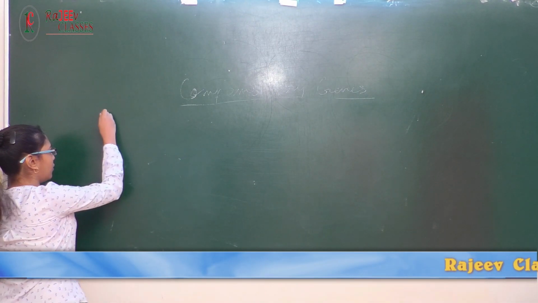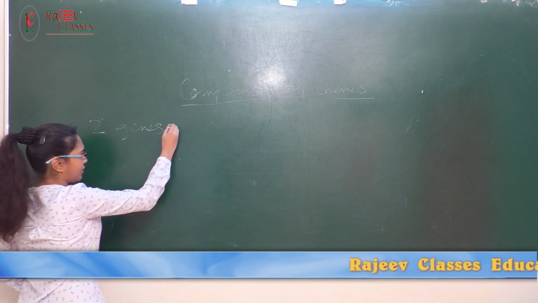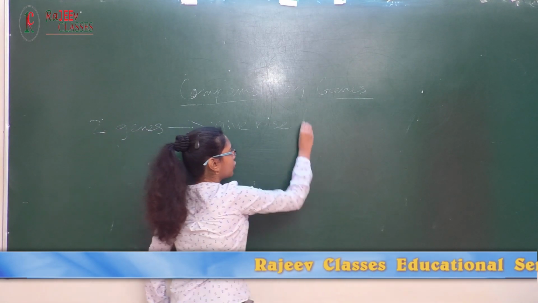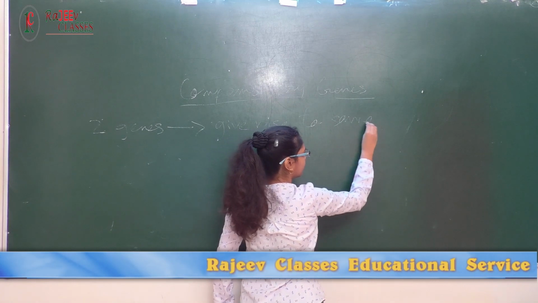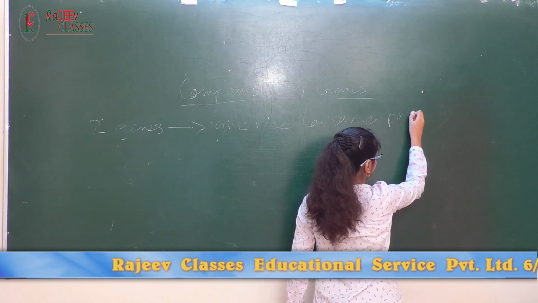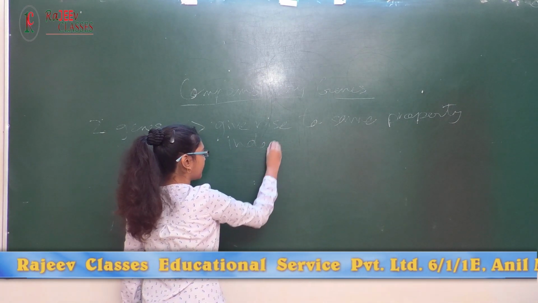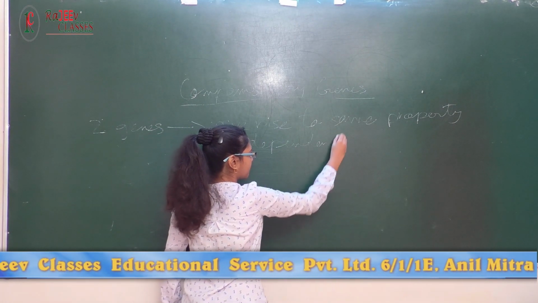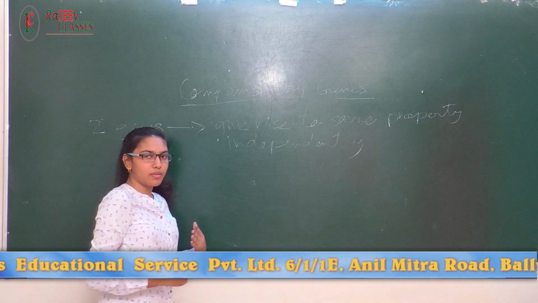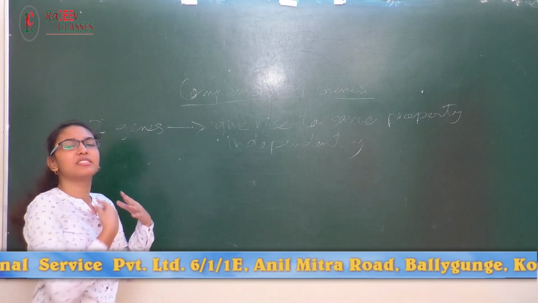So the point here is that two genes give rise to the same character or property independently. If you have two sets of genes on different loci, maybe on separate chromosomes, and if present they'll give rise to the same property independently.